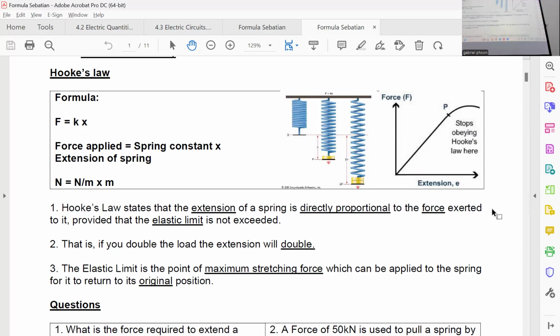I just told you 1 kilonewton is 1000 newtons. The force is 5 kilonewton.